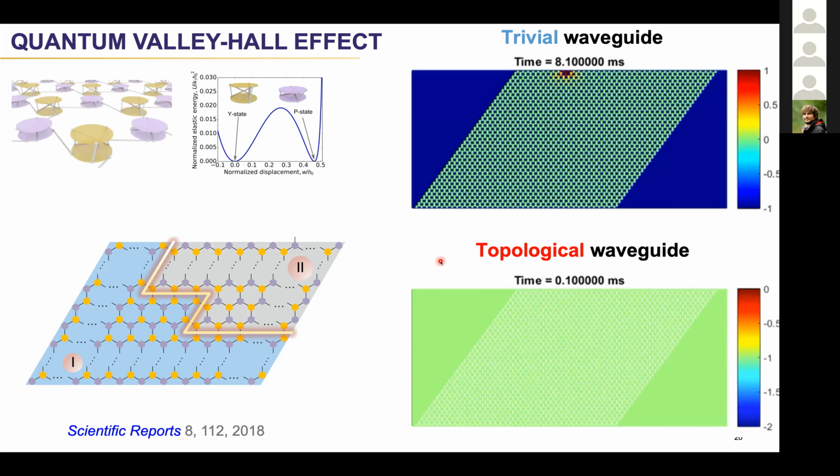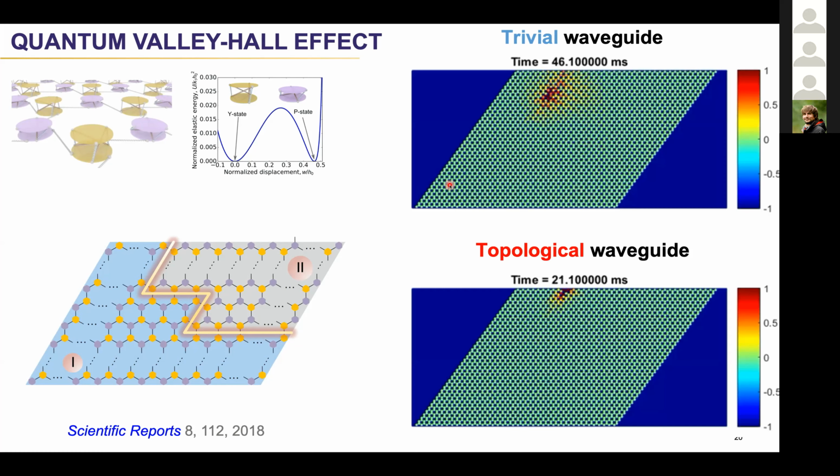So let us see a trivial waveguide and a topological waveguide. A Gaussian pulse propagates, it's able to go here, but as soon as it tries to bend, there's a significant backscattering. Whereas for topological waveguide, we don't see a significant backscattering, and we are able to very efficiently propel the wave in the structure.